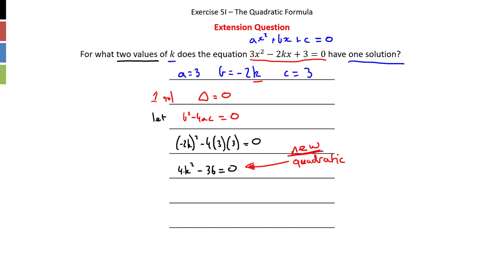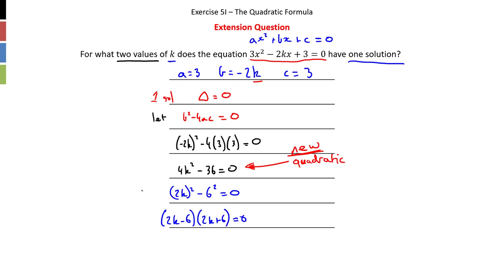It is 4k squared minus 36. That is the same as 2k squared minus 6 squared equals 0. That's a difference of perfect squares. So we can get 2k minus 6, 2k plus 6 equals 0.